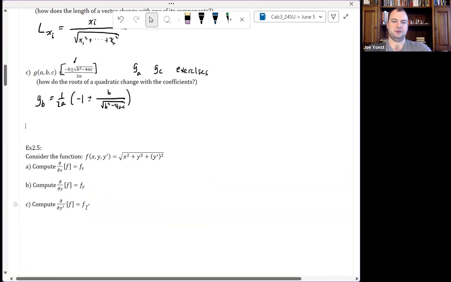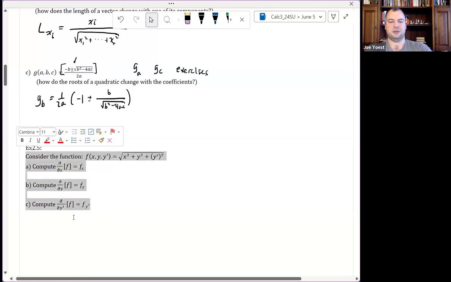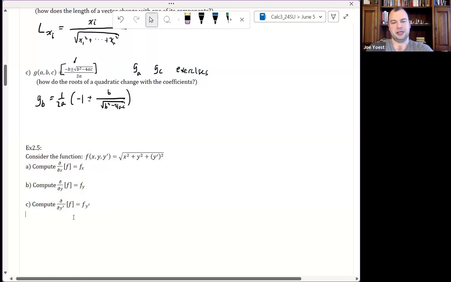Now, there's something I mentioned before, and I think I even said last time that I really didn't fully appreciate this until maybe grad school. So I want to point it out here because I think this really highlights something important about partial derivatives. And I suppose this is maybe in a sense a notational consideration, but it's an important idea. What if I thought of having a function like this, a function of three variables, say x, y, and y prime, being dy dx.